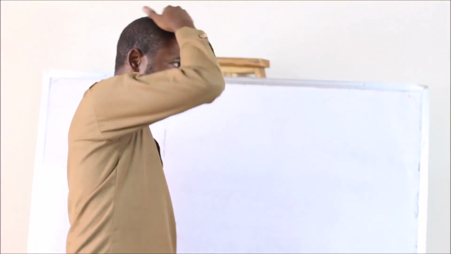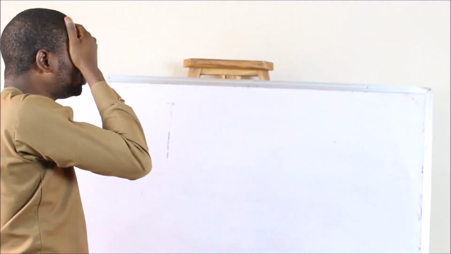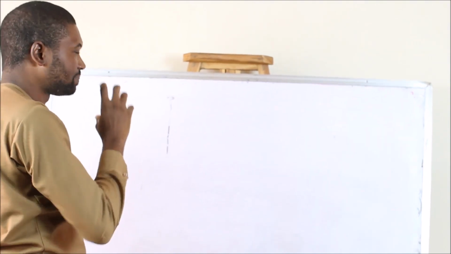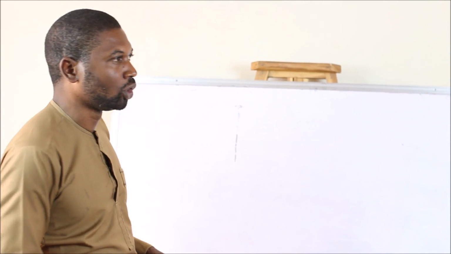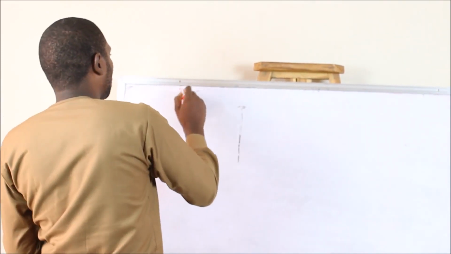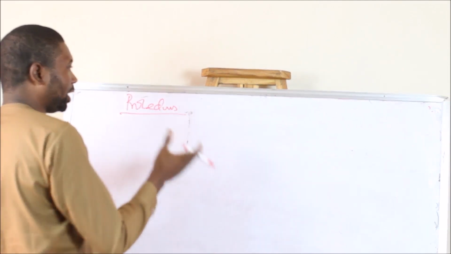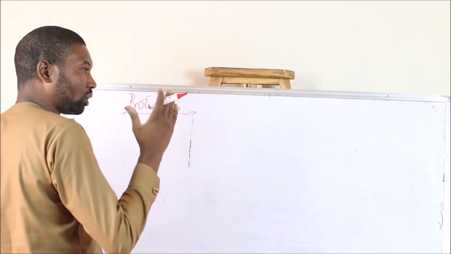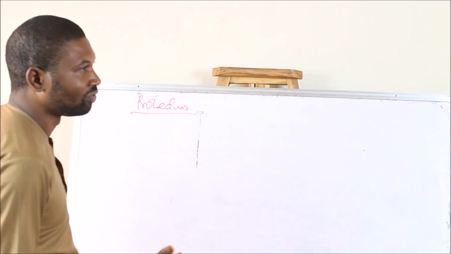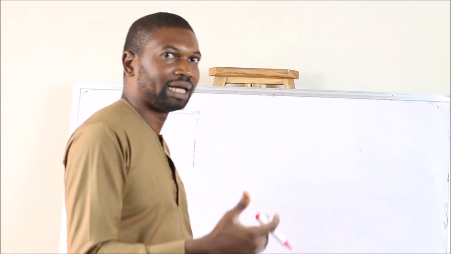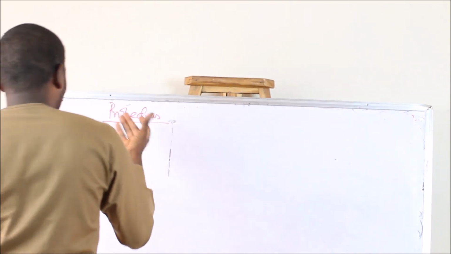I will help you now to look at those steps to follow before you finally consolidate your statement of profit or loss. Remember, we're looking at a consolidated statement of profit or loss and other comprehensive income: how to consolidate the profit or loss account of the parent and that of subsidiaries. So what are those steps?